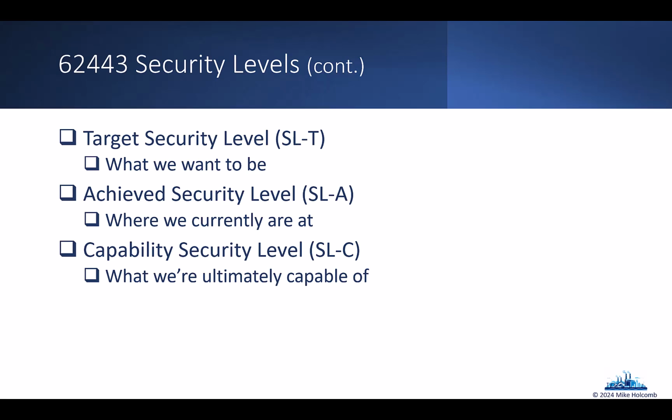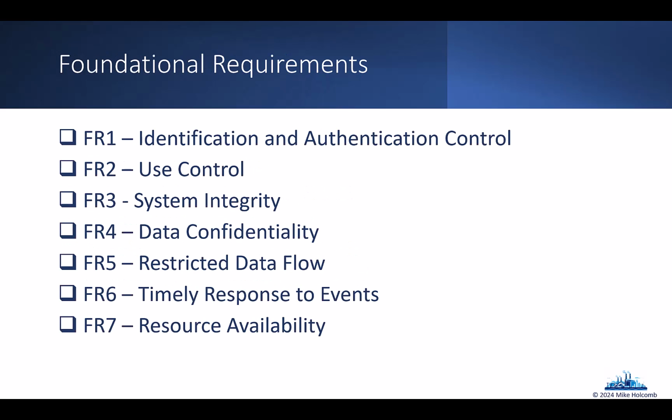Well, where are we? We might think we have great security. We might think we're already at a 3, so we're like, hey, we're done, we went above and beyond. But maybe it's really a 1, or maybe it's a 2, maybe it's a 3. This is where you really need to bring in somebody from the outside to be able to make an unbiased decision.